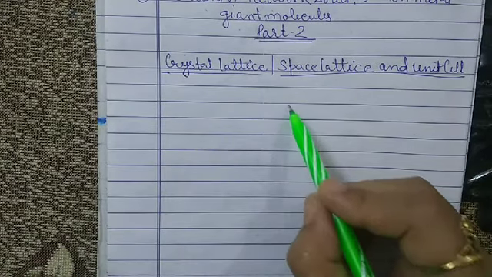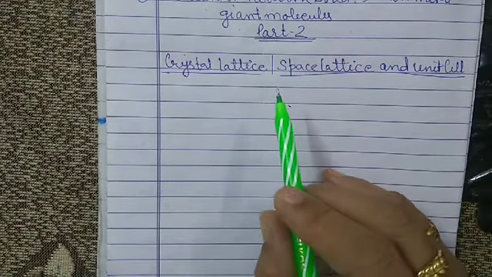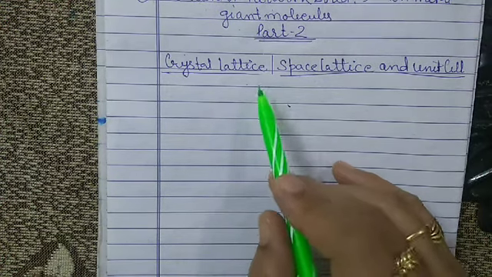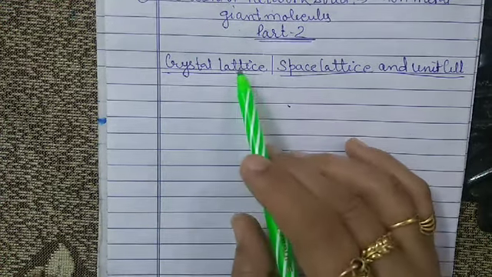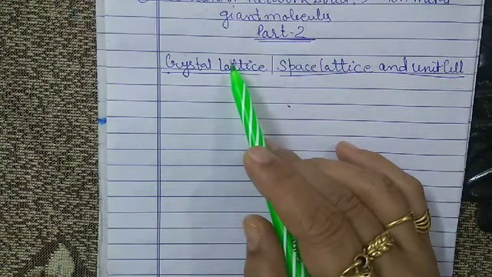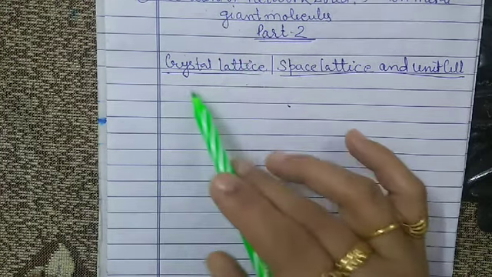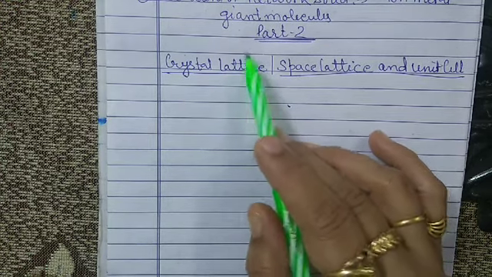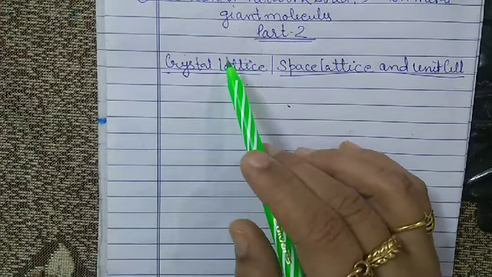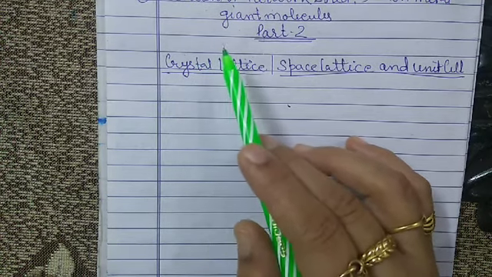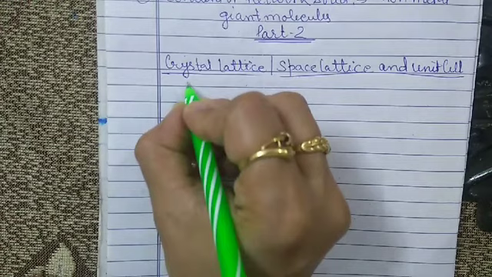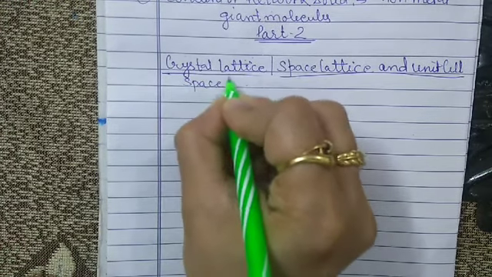So the crystalline solids, we have already discussed the topic crystalline solid. The crystalline solid has a definite orderly arrangement of its constituent particles in three dimensions, and the positions of these particles in a crystal relative to one another are usually shown by points, and the arrangement of an infinite set of these points is called space lattice.